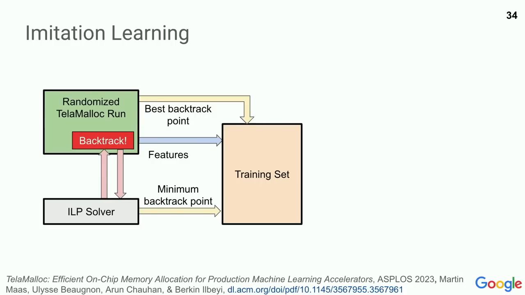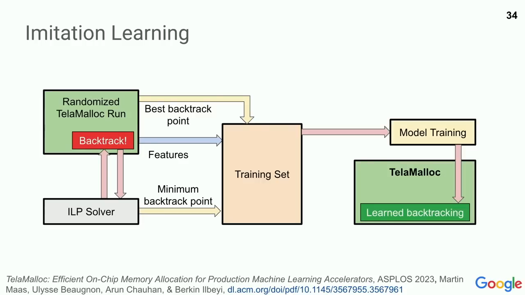Then you can give a model that is trained to give you learned backtracking policies, so that for the settings in which you're allocating memory, the system will learn to backtrack in the best way and be able to do constraint satisfaction much more quickly. And because you're still using a solver, you don't have correctness issues. It just helps the solver run more quickly.